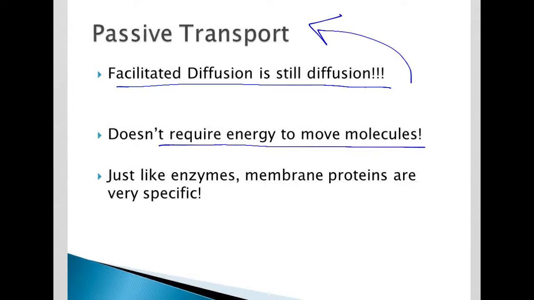It doesn't require any energy to move the molecules, and just like enzymes, membrane proteins will be very specific. Certain channels will only let certain molecules in or out of the membrane, and other things won't. So there's actually a whole boatload of different protein channels and carrier proteins on your cell membranes for every possible item that they want to bring in or out of your cell.